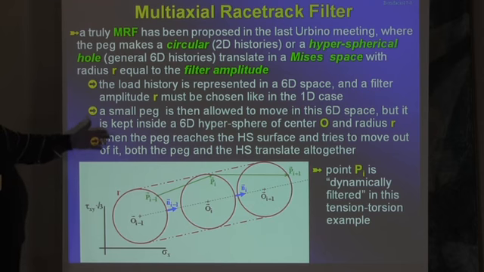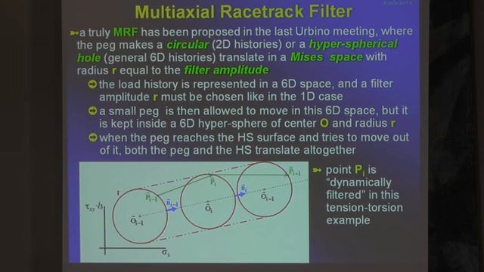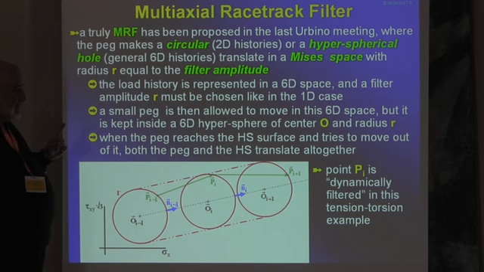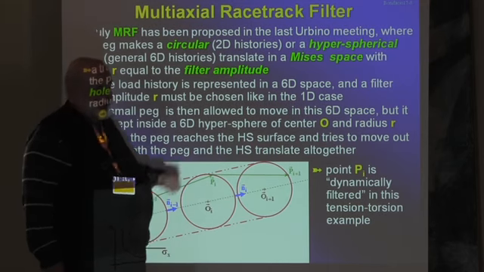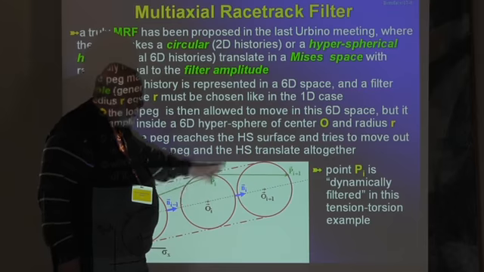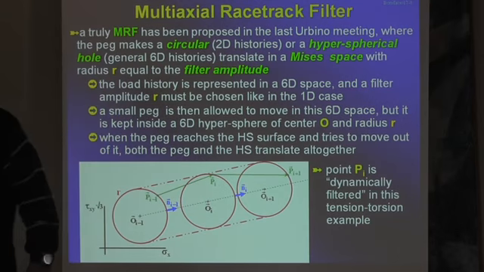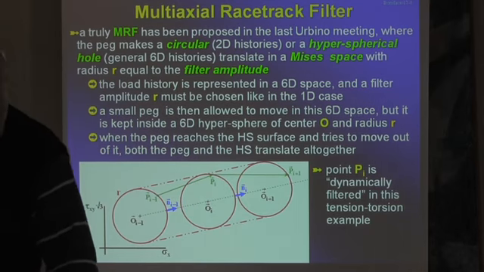When the peg reaches the hypersphere surface and tries to move out of it, both the peg and the hypersphere translate all together. And you can filter the points in two ways. One is dynamic filtering, where the sphere is moving and the points that are inside it are filtered from the signal.